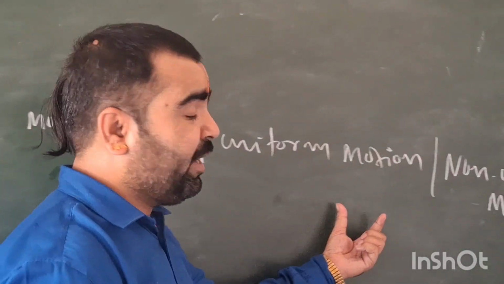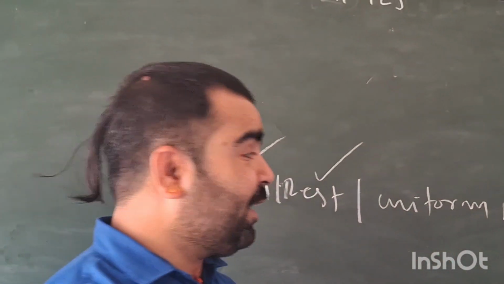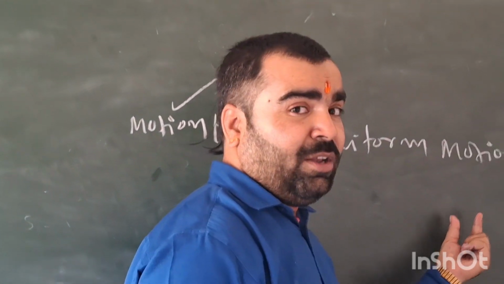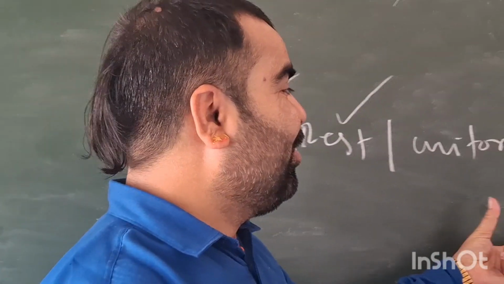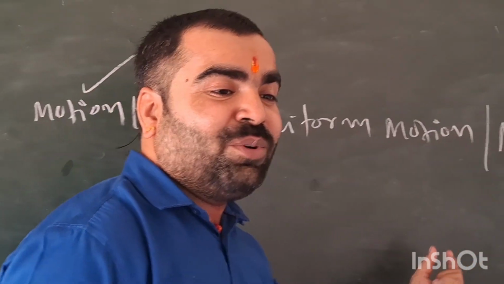If an object travels equal distance in equal intervals of time, it is called uniform motion.